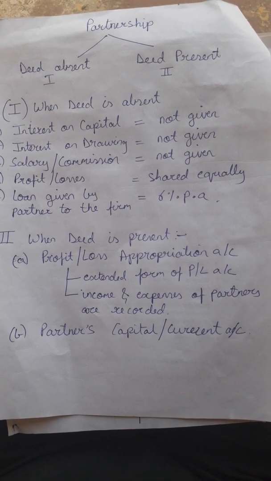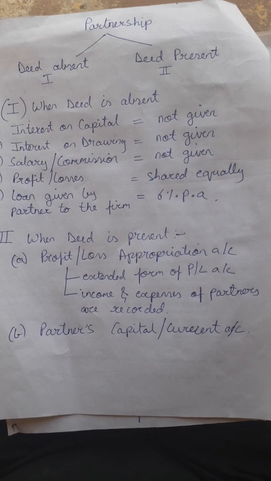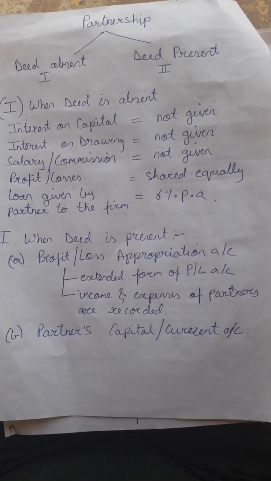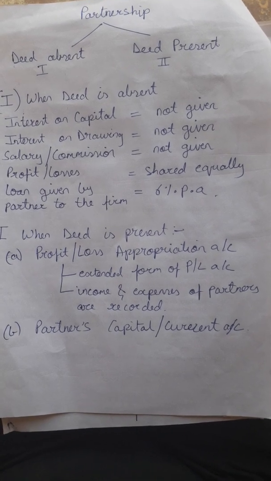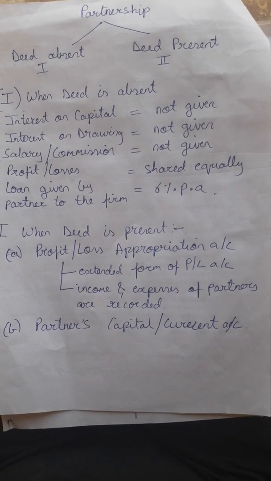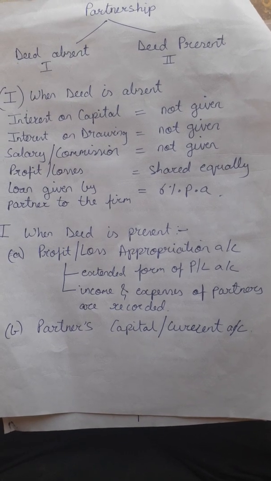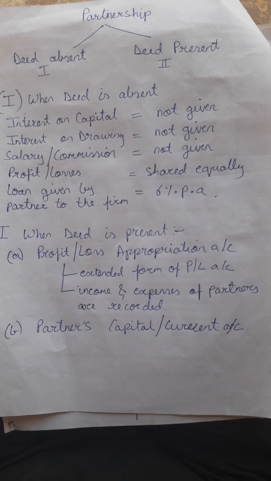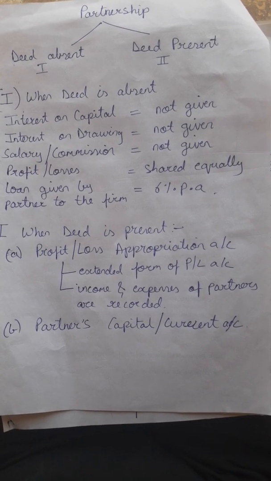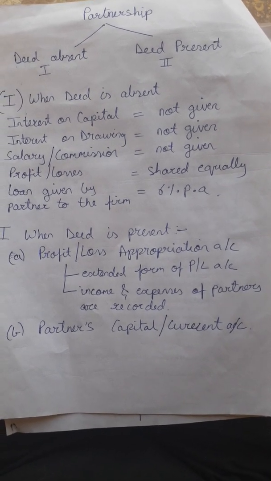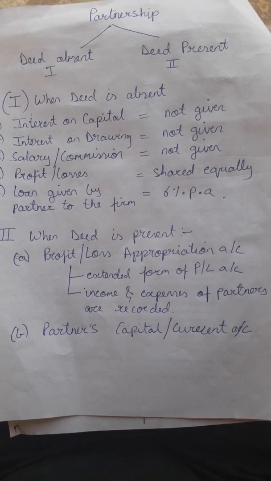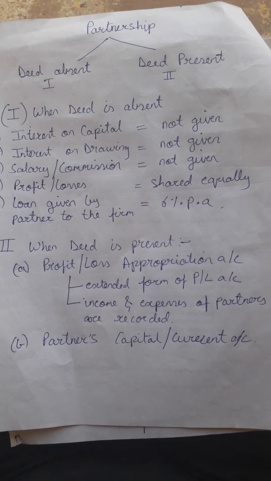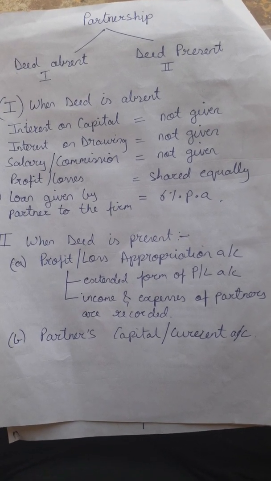Profit loss appropriation account is also an extended form of profit loss account because in profit loss appropriation account we note down expenses and income of the partners only. Expenses of the partners are noted on the debit side, whereas their income is noted on the credit side. After preparing profit loss appropriation account, partners capital account is made.